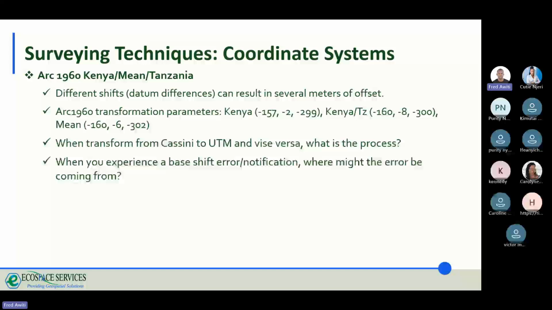Another issue that always happens with coordinate systems, and I've seen this most often, is a question I've been asked several times. People experience an issue that is called the base shift. You're doing your work, and then all of a sudden you get a notification from the rover that the base has been moved. Of course, you are the one who set up the base.